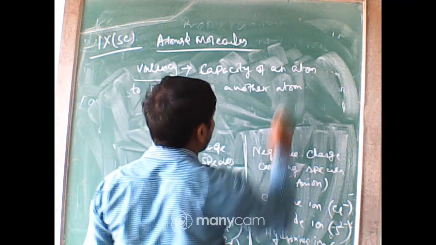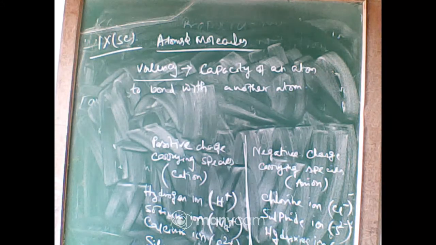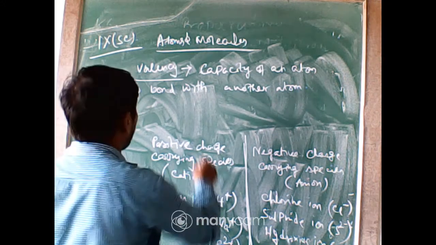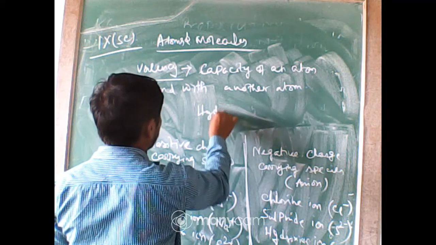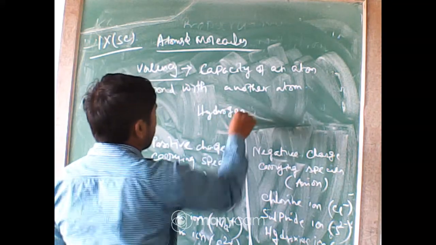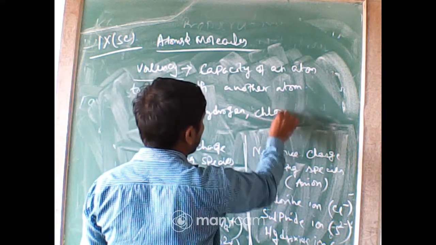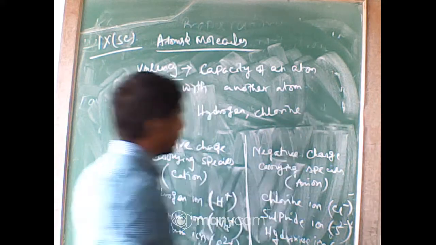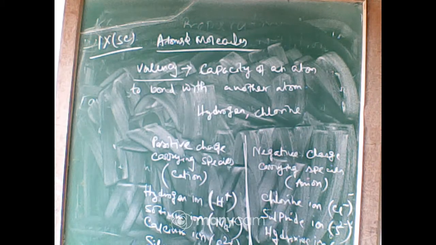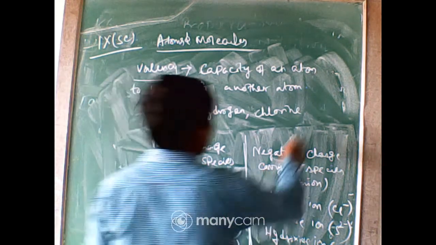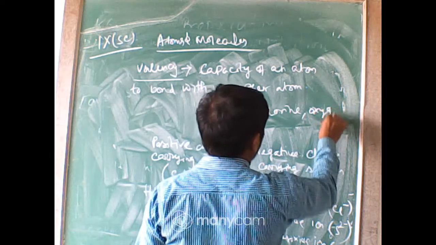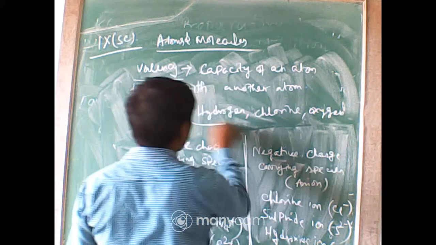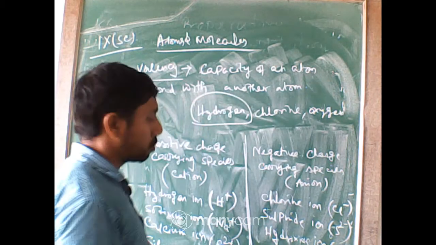Now, here also we will take some references. What are the references? First of all we will take hydrogen, chlorine, and also oxygen. So, the first definition comes with hydrogen.